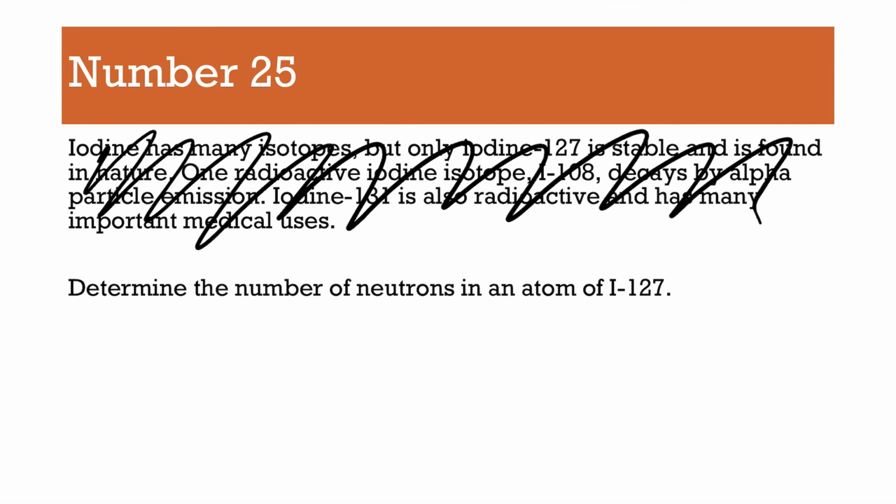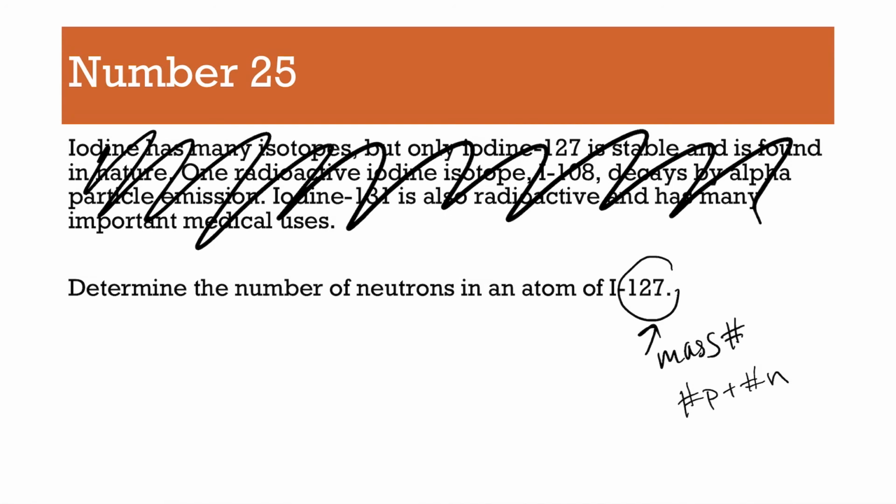Who cares? The question says determine the number of neutrons in an atom of iodine-127. So right here is your mass. And remember that your mass number is the number of protons plus the number of neutrons.